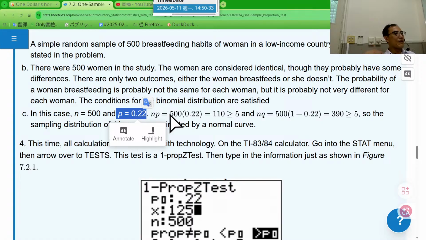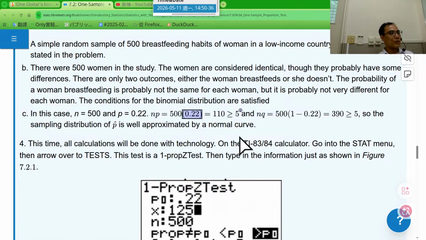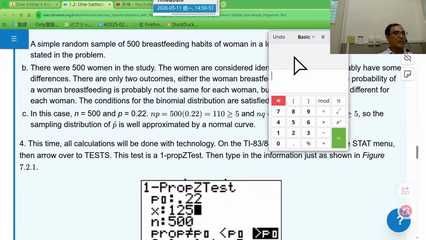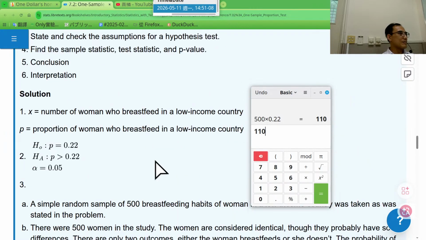Let's calculate 500 times 0.22, N times 0.22, that is 110. Thus, let's move back to the previous condition.